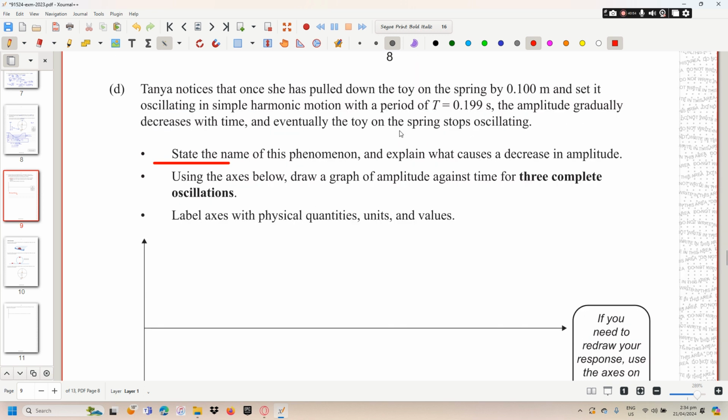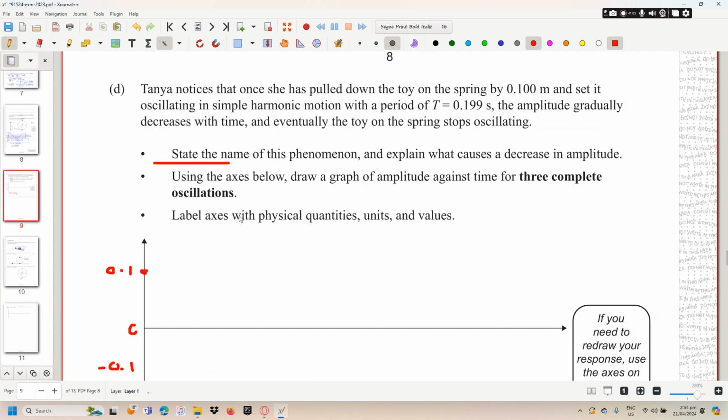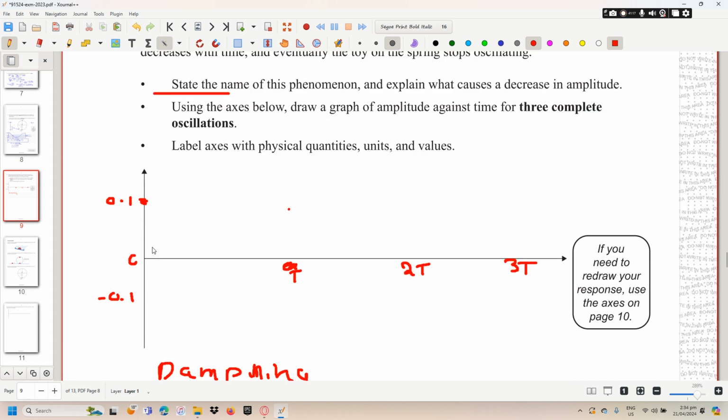So it's going to start 0.1 meters away from equilibrium. This is equilibrium. It starts here, and after one period, this is 1 period, this is 2 periods, this is 3 periods. After 1 period, it will have oscillated, but it won't be back quite as high. It'll be about there.